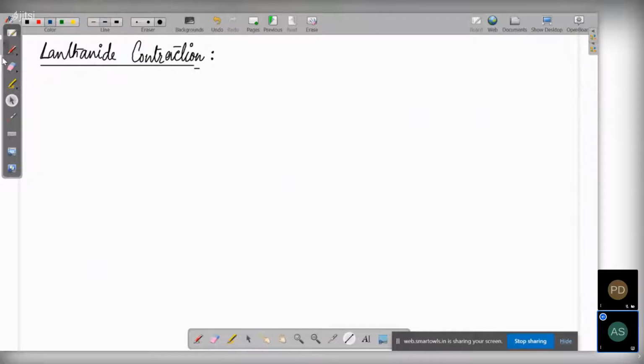We have seen yesterday that across the period, atomic size decreases. But for the lanthanide elements, we are going to see that this decrease is much more than expected. That's why it is called the lanthanide contraction.